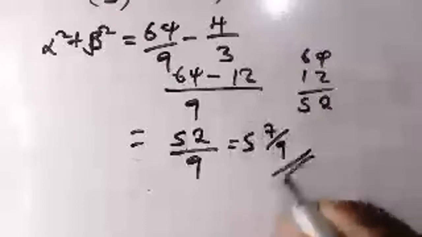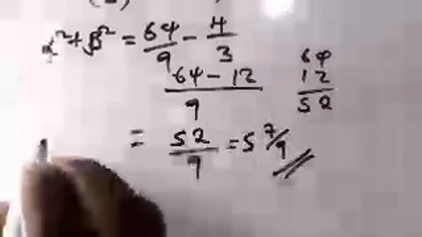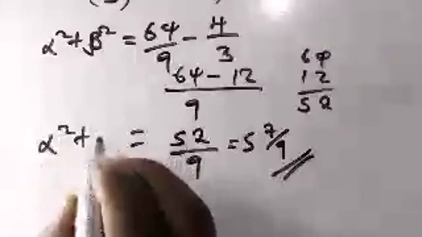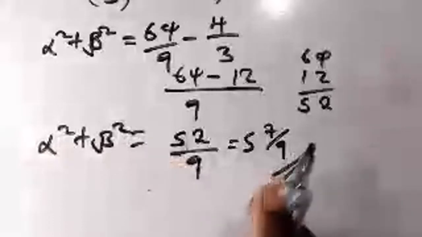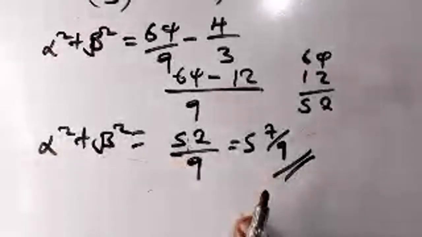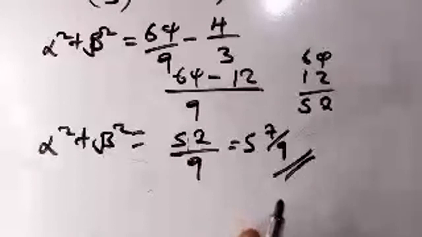So this is our answer for alpha squared plus beta squared. So this is how we find the alpha and beta solution.